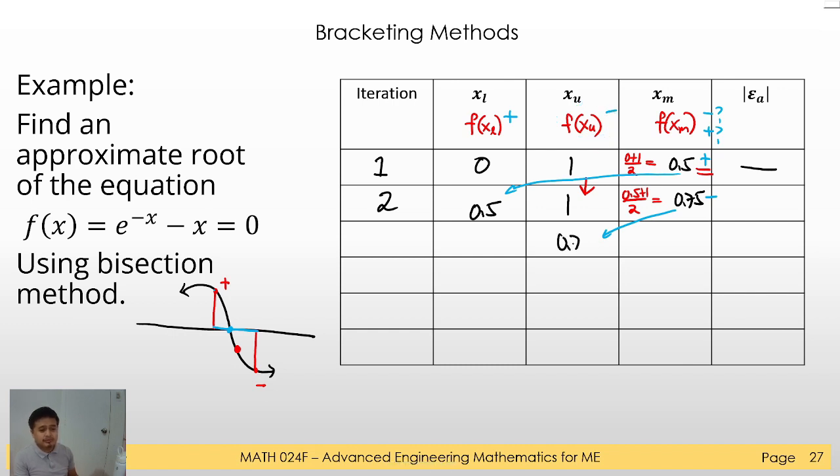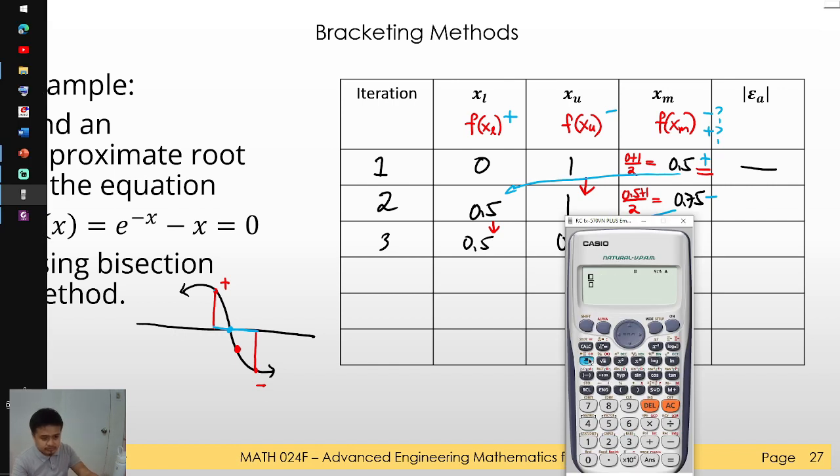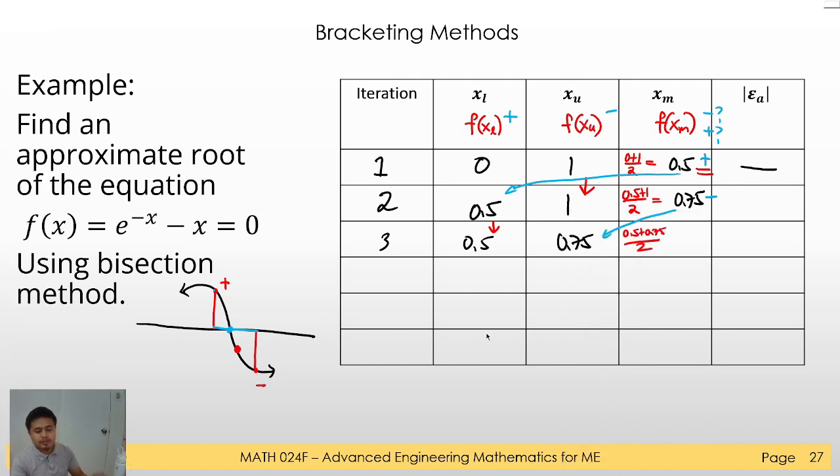So we have 0.75 here, and then retain the 0.5. So this will continue on and on and on. Okay, and then continue to find the half of this. So 0.5 plus 0.75 over 2. The answer should be 0.625.